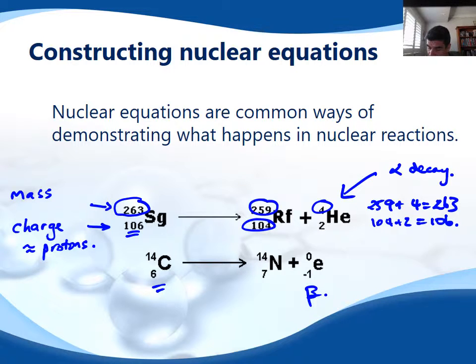And once again, 7 minus 1 is 6, so that's all right, and 14 plus 0 is 14, so that's all right. Be aware of the fact that when you're looking at these equations, as long as you know what type of decay is occurring or what type of atom is being produced, you can infer what else is happening just by making sure that you balance both the charge and the mass.